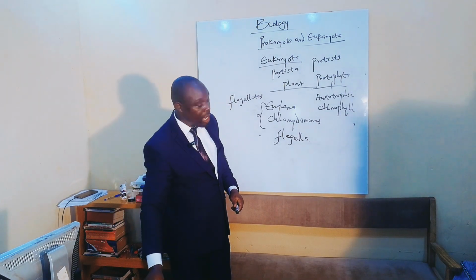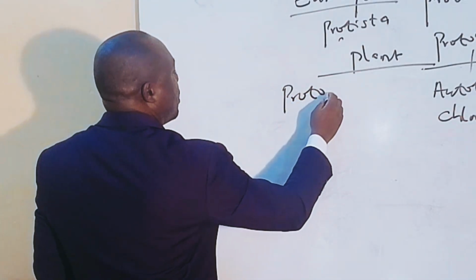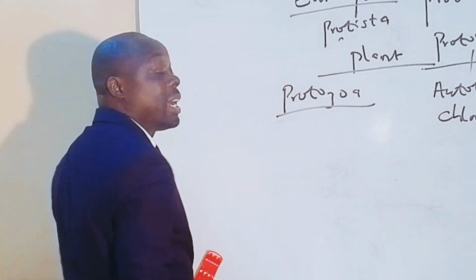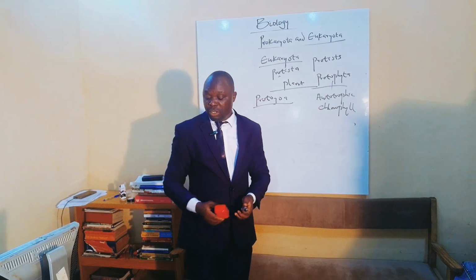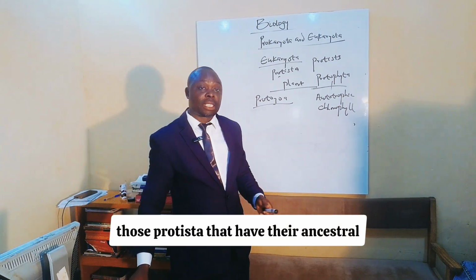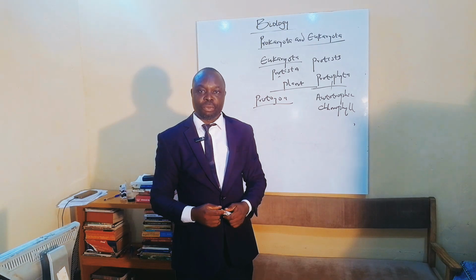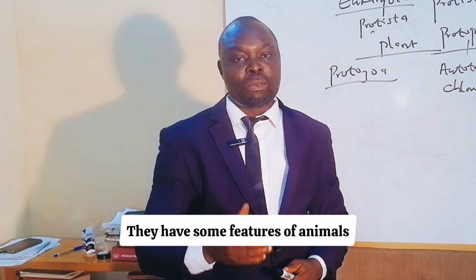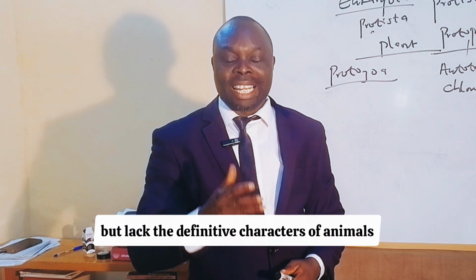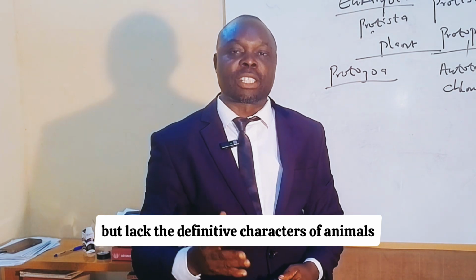Let's go to the protozoa. The protozoa are those protista that have their ancestral origin from animals. They have some features of animal, but lack the definitive characters of animals.